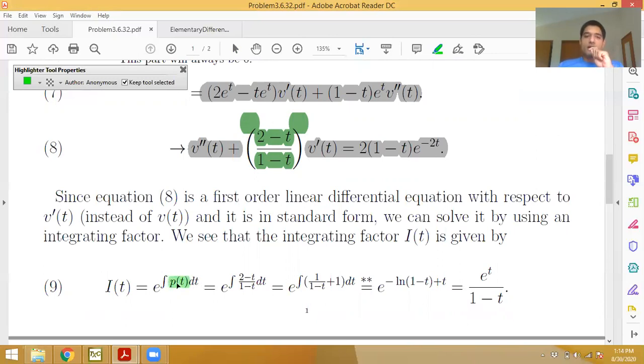And again, this formula for integrating factor works because we normalized the differential equation. Because the leading coefficient here is 1, I can go ahead and apply this formula for integrating factor.